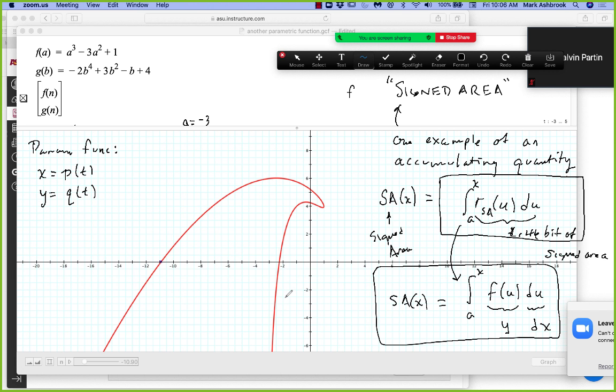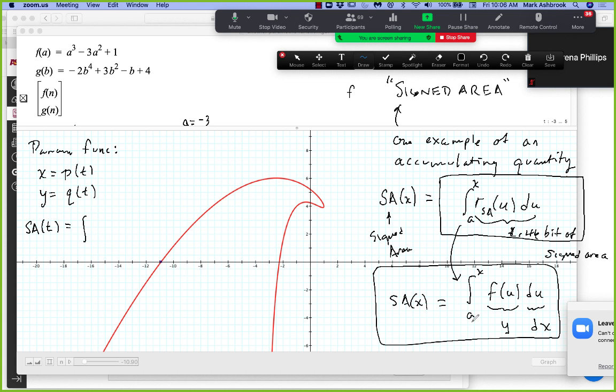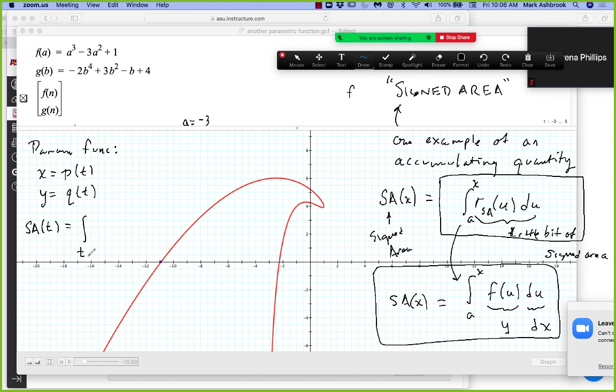Okay, so if we want to write the signed area as a function of t, first of all, our limits of integration will still be from a to x, but we want the t value corresponding to a. So I'll call it t sub a, right?